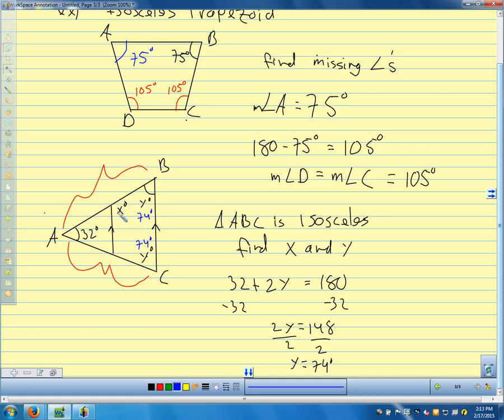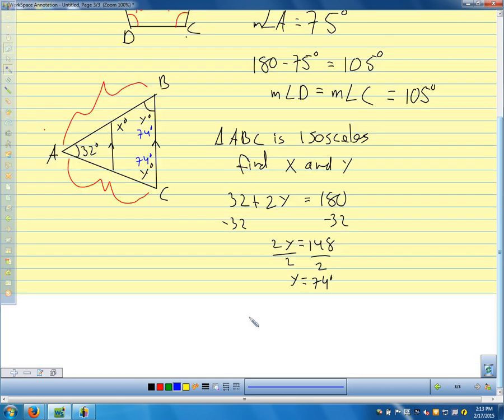And now let's look at angle X and angle Y. What has to be true about those two? They have to be supplementary. These are parallel lines, same side interior angles, so those are supplementary. So 180 minus 74 equals 106.